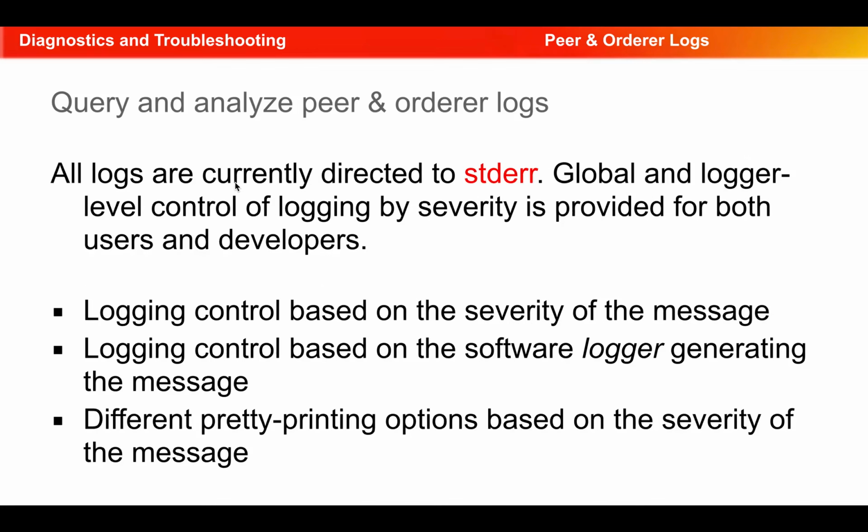All the logs are currently directed to STDERR, which is standard error. Global and logger level control of logging by severity is provided for both users and developers. And all these three options that I explained in the last slide are the same.